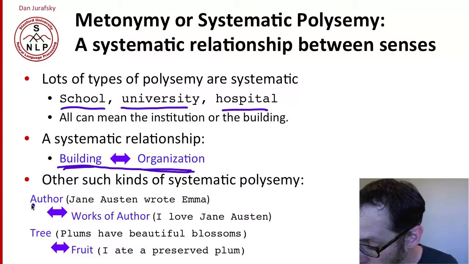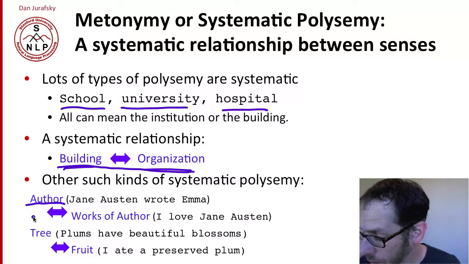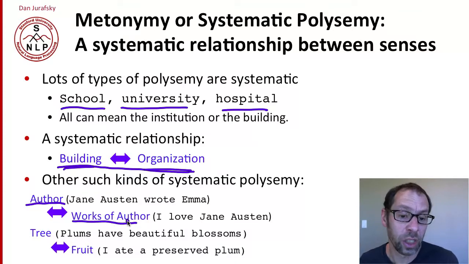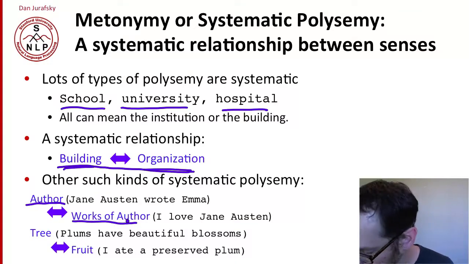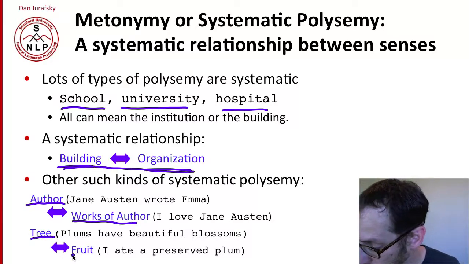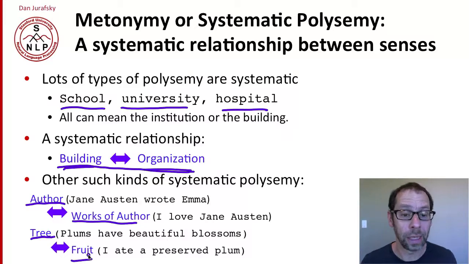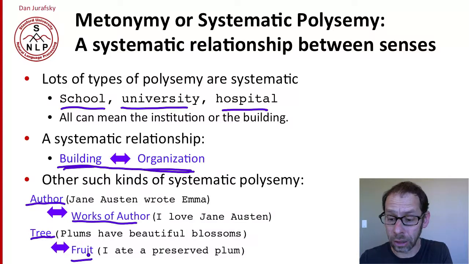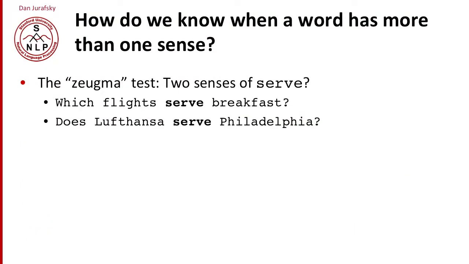So we might refer to an author, Jane Austen wrote Emma, or her works. I love Jane Austen, meaning I love the books that she writes, or Jane Austen is stored on that shelf over there. Trees, we might talk about the blossoms of plums, or the fruit, the plum I ate yesterday. And again, a systematic polysemy between authors and works of the author, or trees and their fruit. So lots of kinds of systematic polysemy like this.